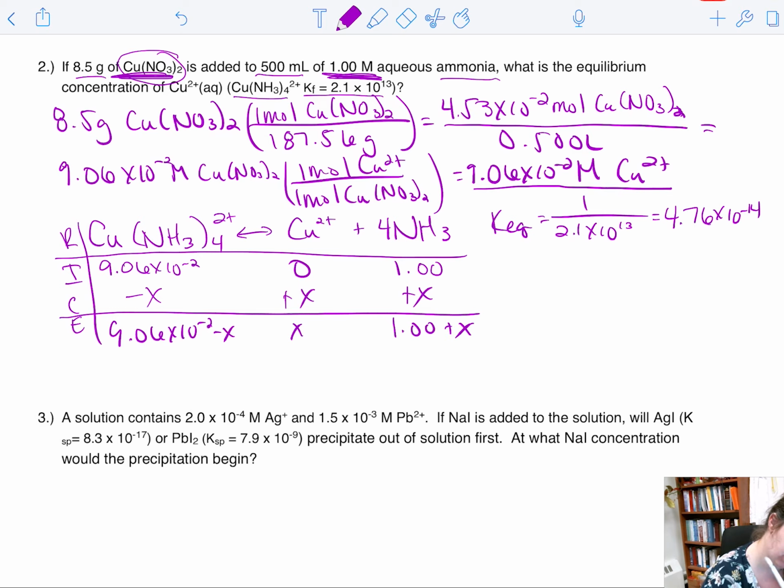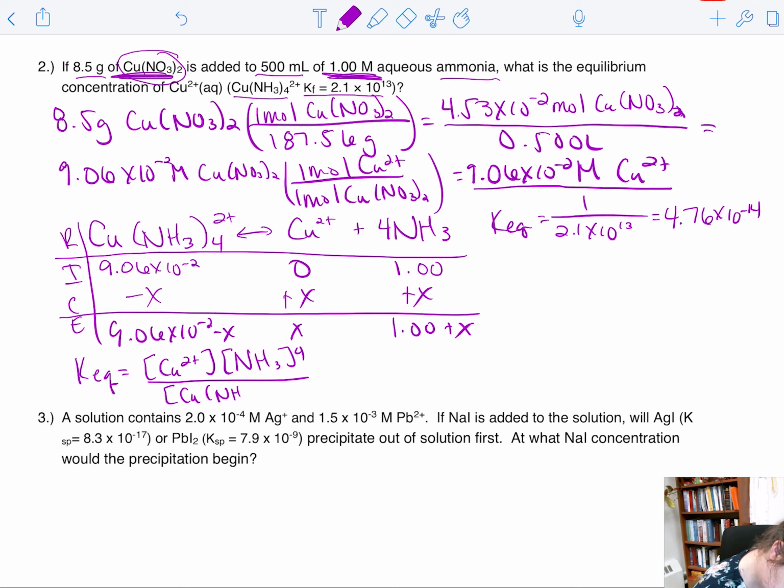That will then go into our Keq expression, where Keq is equal to Cu2 plus times NH3 to the 4 divided by Cu NH3 4 2 plus, which gives us 4.76 times 10 to the negative 14 is equal to x times 1.00 plus x to the 4th divided by 9.06 times 10 to the negative 2 minus x.